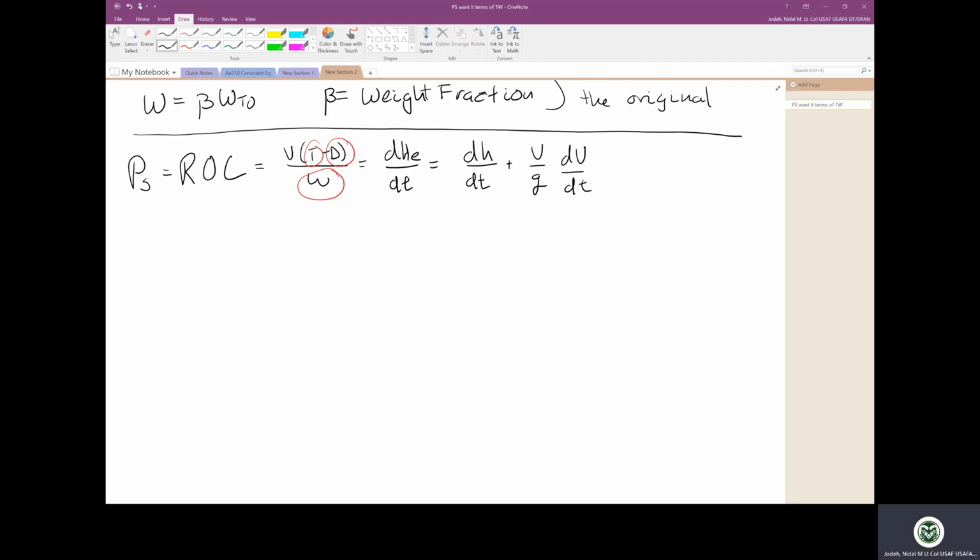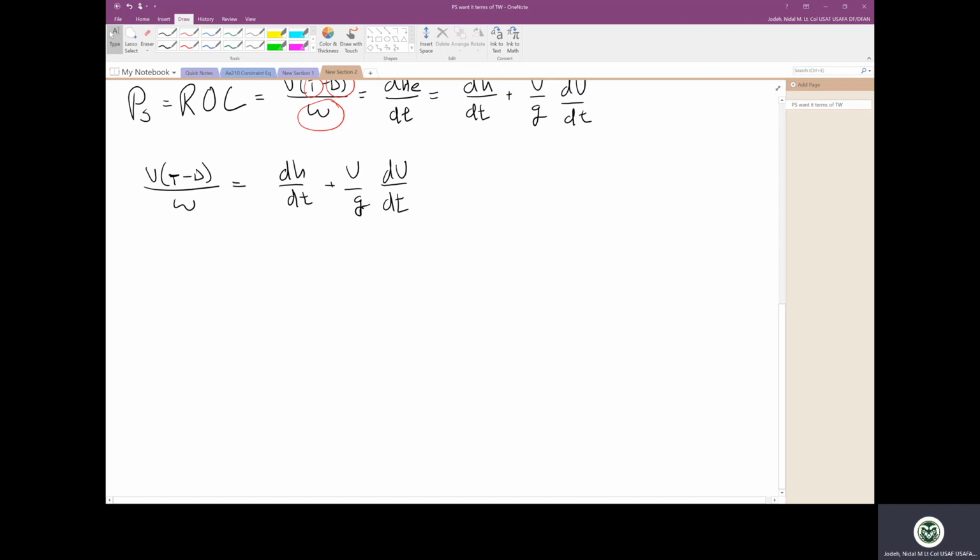Let's start with rearranging our P sub S. So we're going to say that velocity times thrust minus drag over weight is equal to dH dt plus V over G dV dt, which we've derived in our earlier classes. And we're going to start to isolate thrust.